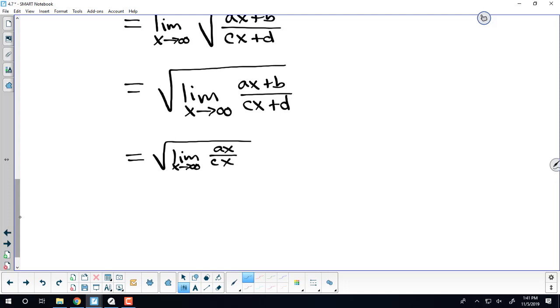Yeah, so now we can cross out the x's, but we couldn't with the b and the d. Since we are going to infinity, I guess we could say that at this point. So it's the square root of a over c, or the square root of a over the square root of c. So that's what that limit is.